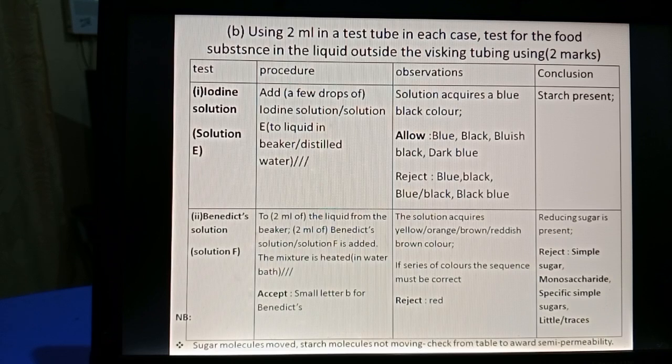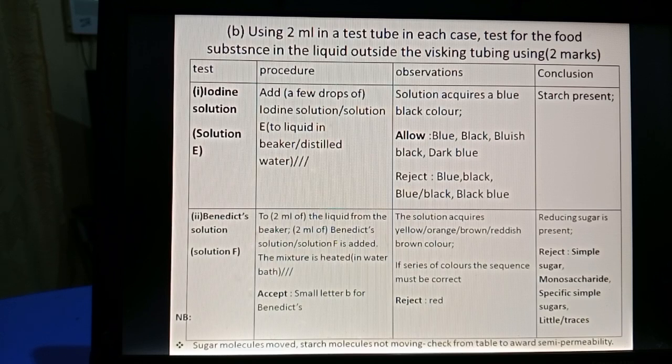Benedict's procedure was repeated in A, so you see there is no mark, except small letter B for Benedict's. The solution acquires yellow. If a series of colors, the sequence must be correct.